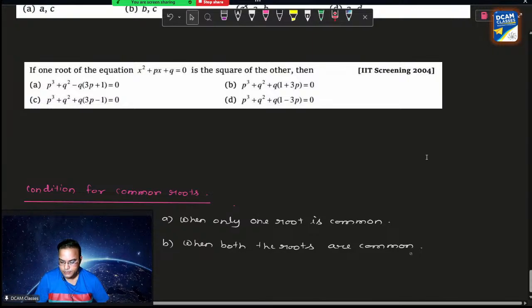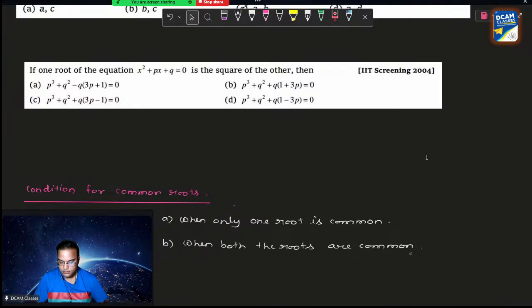Which option? No, they are saying it is D. Why, let me solve it very quickly.